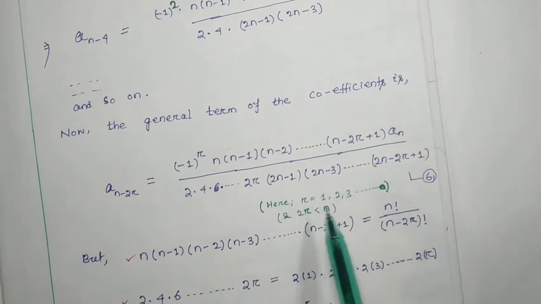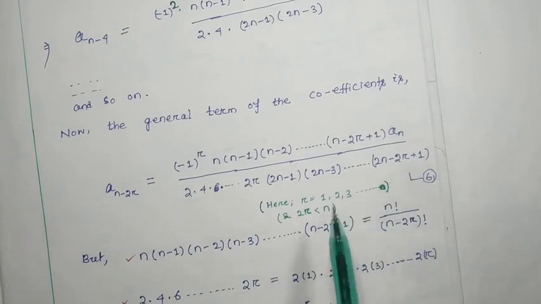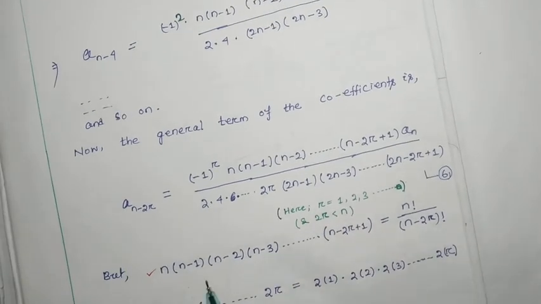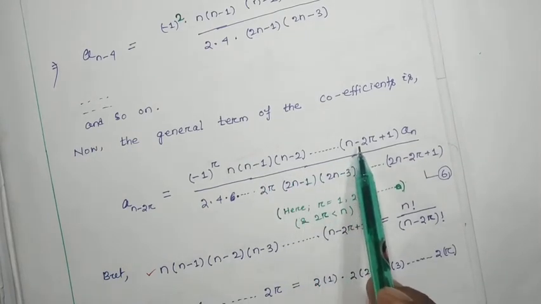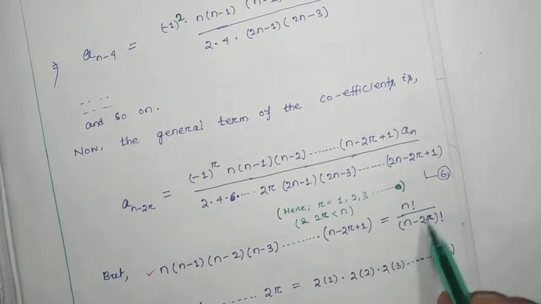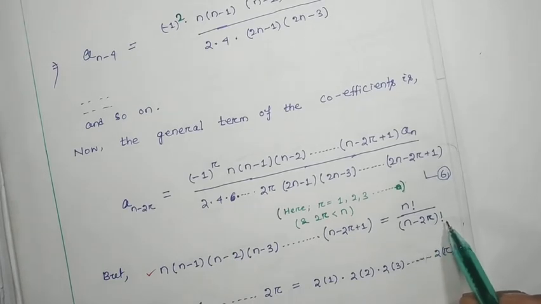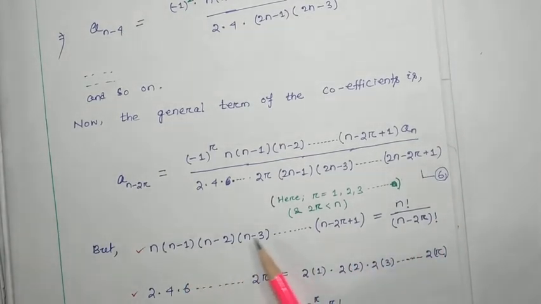Here r is always an integer, that is 1, 2, 3 and so on, but however 2r is always less than n. Now you can see that n into n minus 1, n minus 2 and n minus 3 up to n minus 2r plus 1 can be written as n factorial divided by n minus 2r factorial. You see that this is moved up to the n minus 2r plus 1 term.